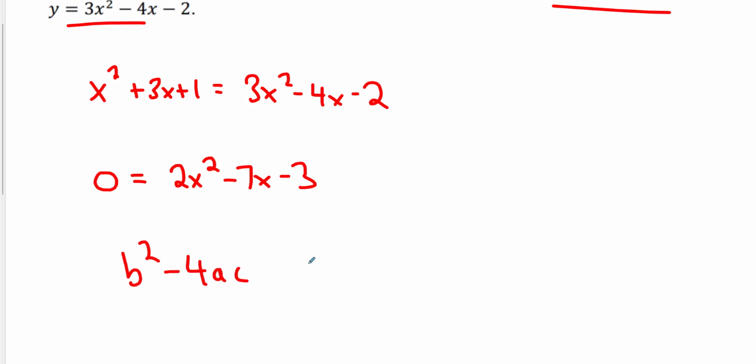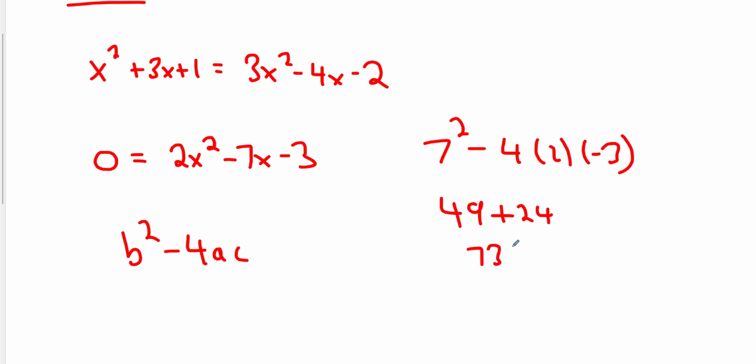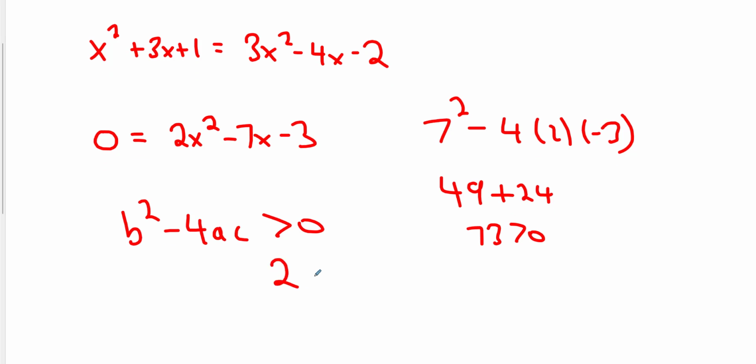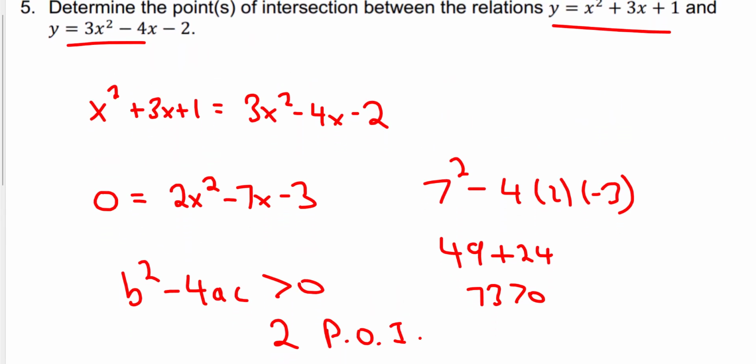No, it's just b squared minus 4ac. Yep. Yep. 2 points of intersections. You got it. That's it. Okay, that's just it.